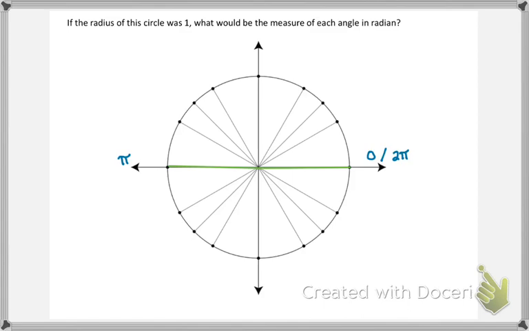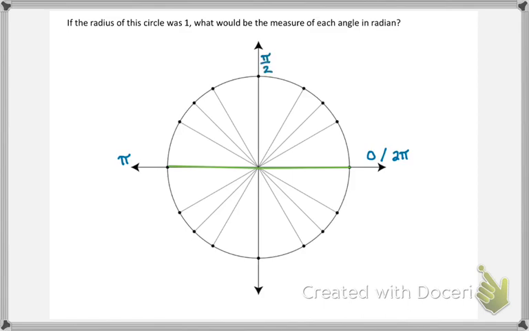What do you think 90 degrees would be? If half a circle is pi radians, well, 90 degrees is just a quarter of a circle, right? I take pi and cut it in half, divide that by 2, and I would have half a pi. So 90 degrees is pi over 2 radians.